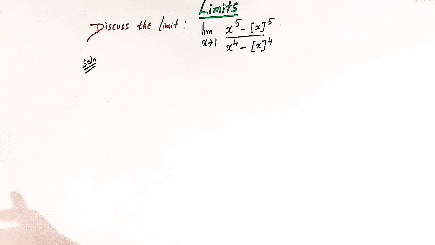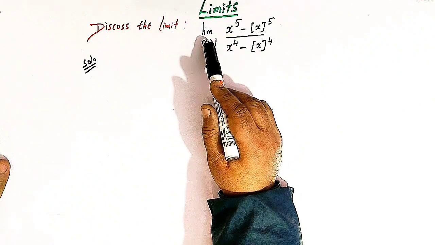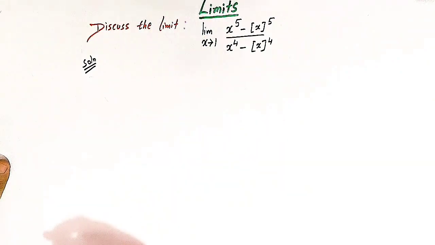Similarly, we see whether the left hand limit exists and is finite, and if the right hand limit is equal to the left hand limit, then we claim that the limit of the function at the given point exists, right? So let us examine the limit of this function when x approaches 1 by finding out the right hand limit and the left hand limit.